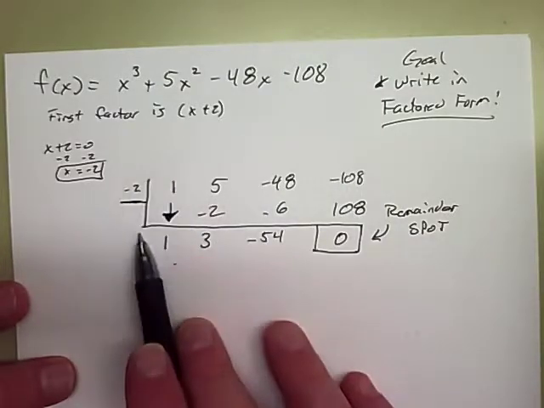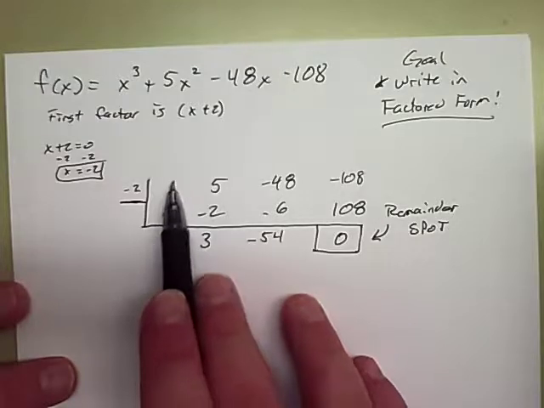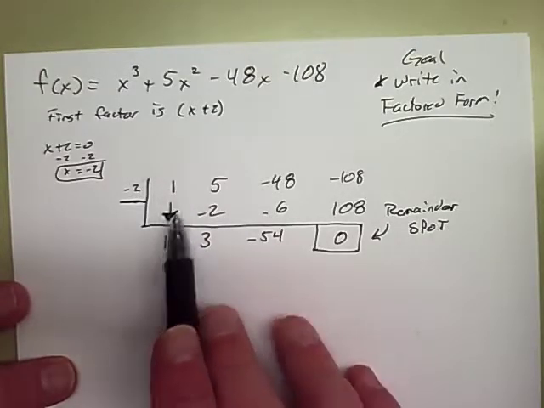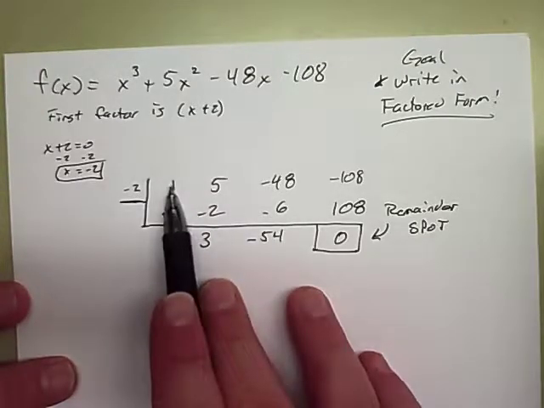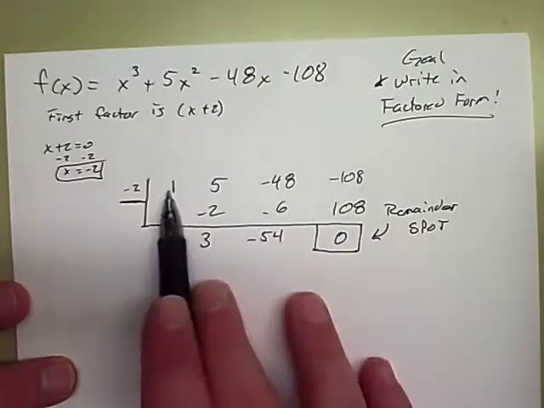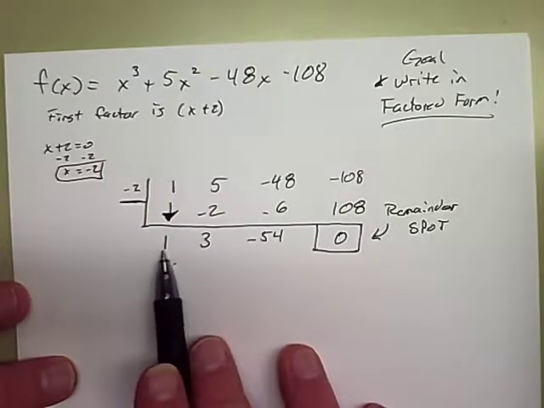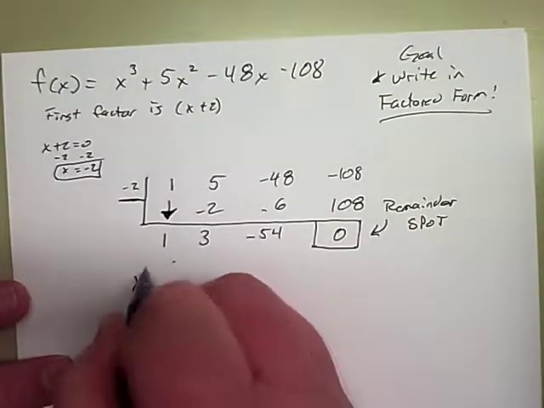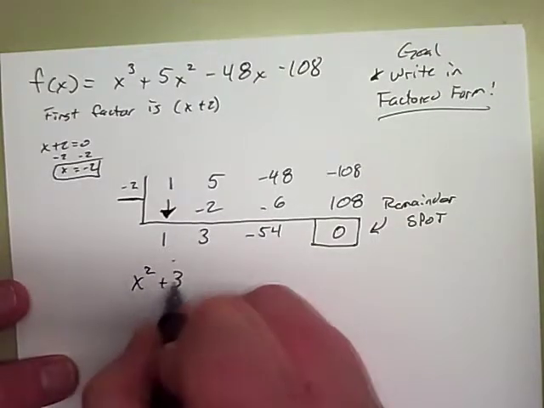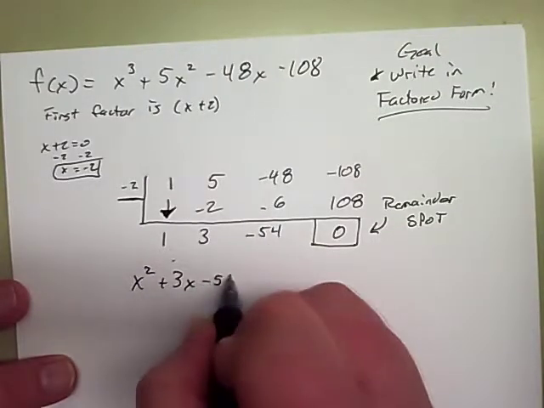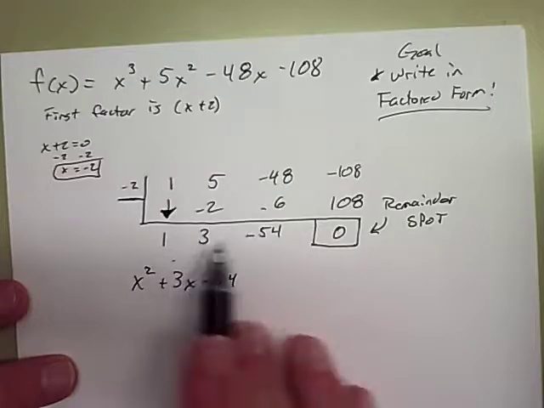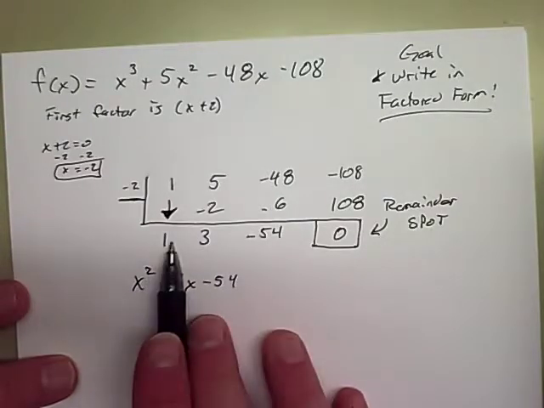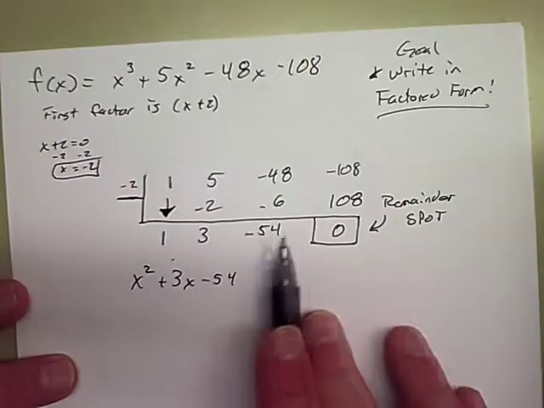If I divide 1 out, x to the third divided by a single x would be x to the second. So 3 minus 1 would be 2. So this 1 becomes x squared plus 3x minus 54, right? 2, 1, and none. My exponents, my x to the second, x to the first, no x at all.